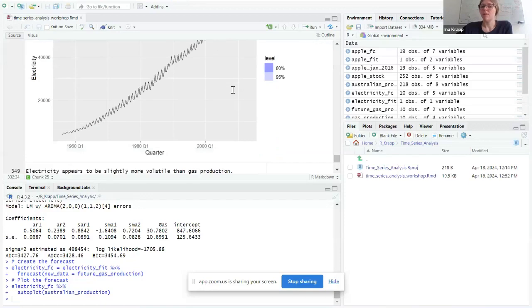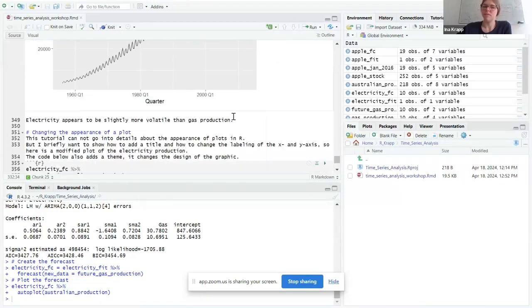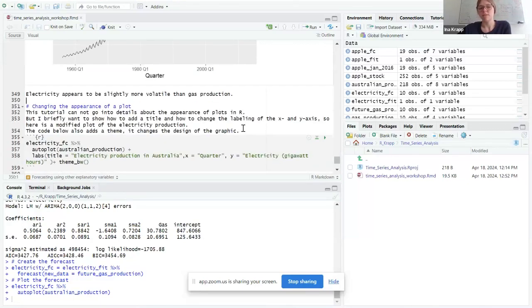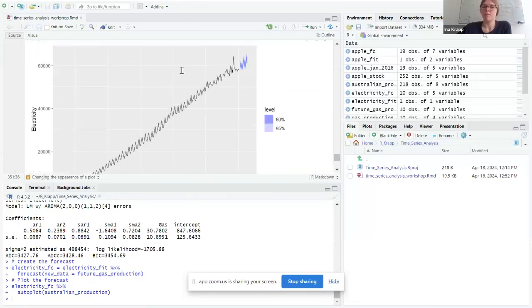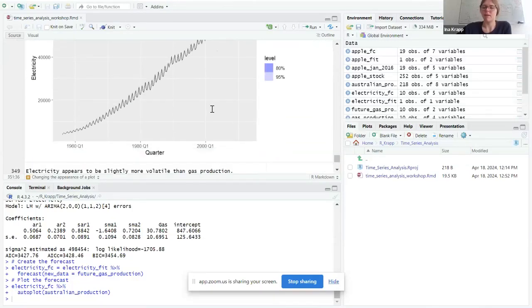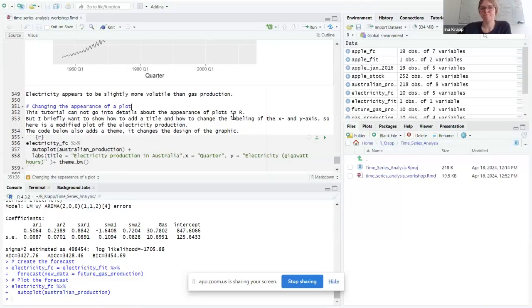Very well. Now to the last part, which I will just look over briefly because we are already nearing the end of time. I cannot go into details about the appearance of graphs in R. There is another tutorial about that I have given in the past, but in this tutorial I briefly want to show how to label these graphs more accurately and how to export them.